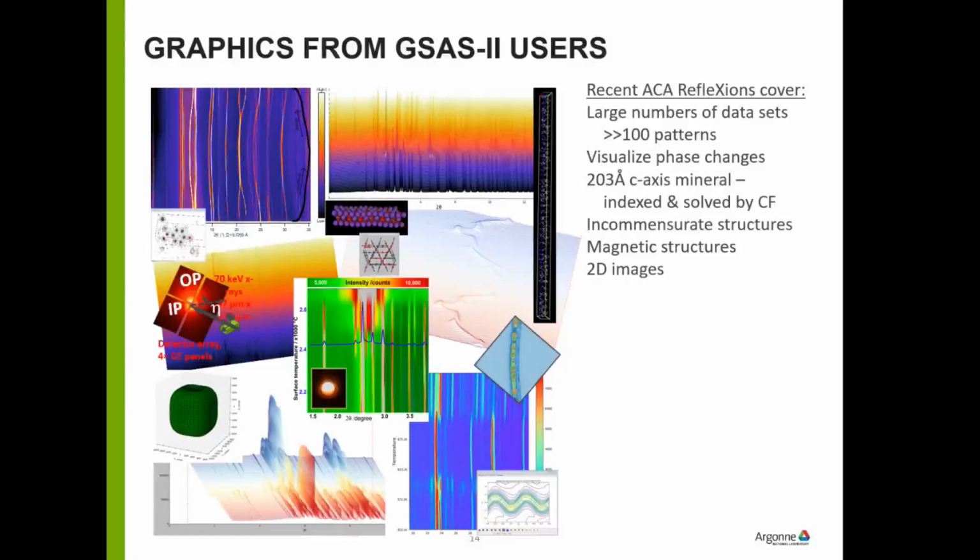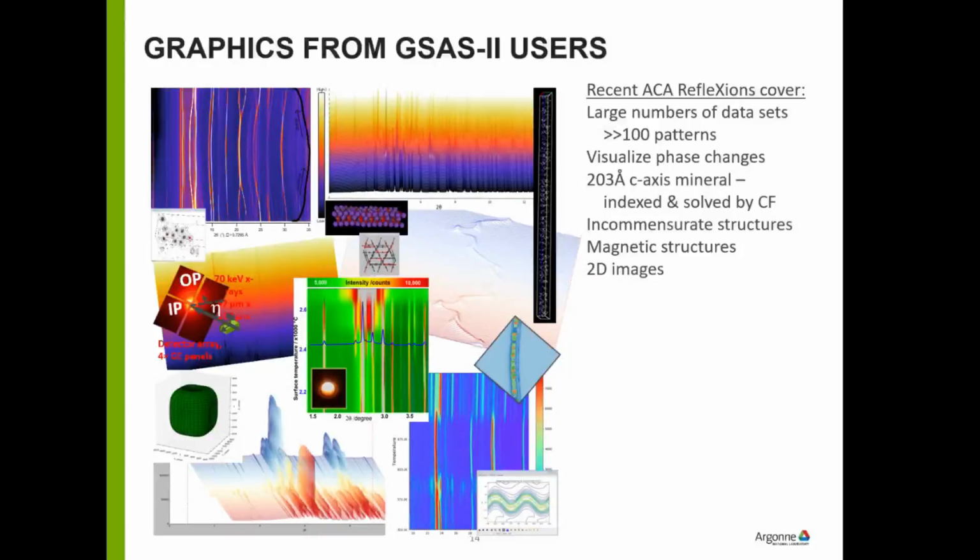A few years ago, Brian and I got awarded the Trueblood Award by the American Crystallographic Association for developing GSAS-II, and they wanted us to have an article in the ACA Reflections, particularly a cover picture. And so we asked our users to send us images of things that they thought were significant in GSAS-II.